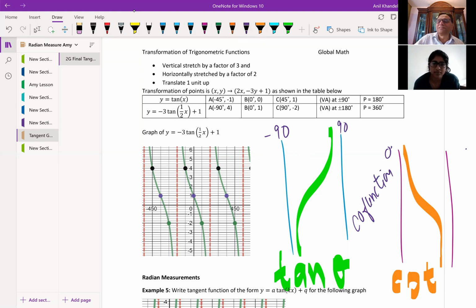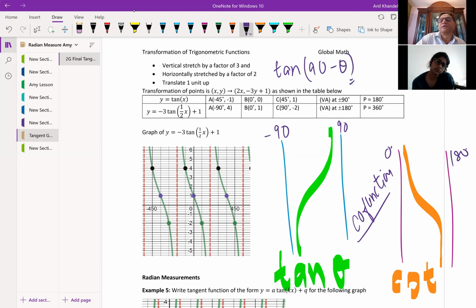Oh, sorry, 180. By co-function, 90. You understand? It's a co-function, right? Because in a right triangle, we know 90 minus theta is basically cot theta. That's just co-function, something you need to know.